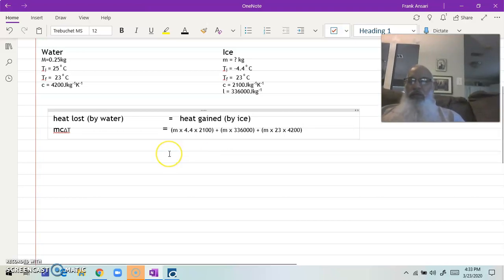Okay, and I think I can leave it right there. No, let's put this value in here also. I don't have a lot of time, so I'm going to put these values in.